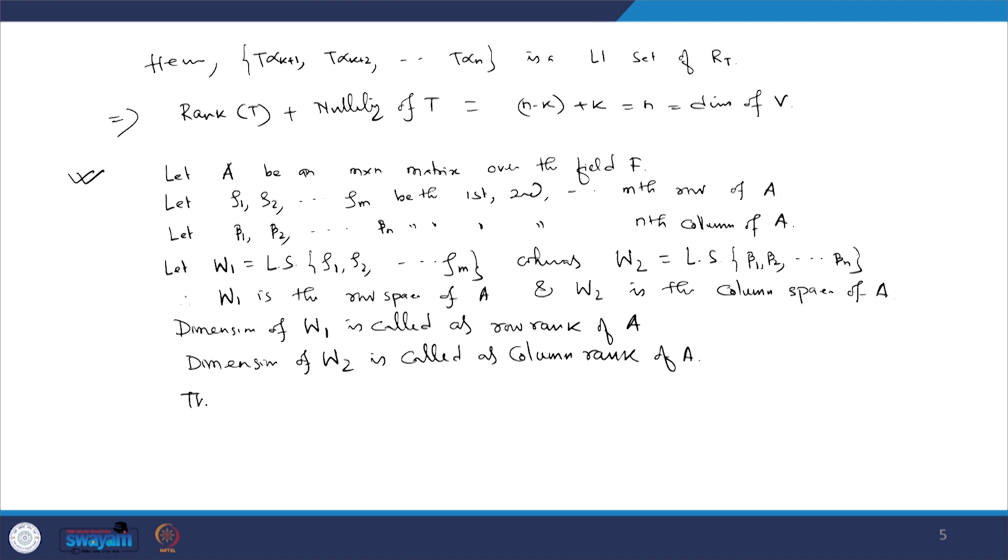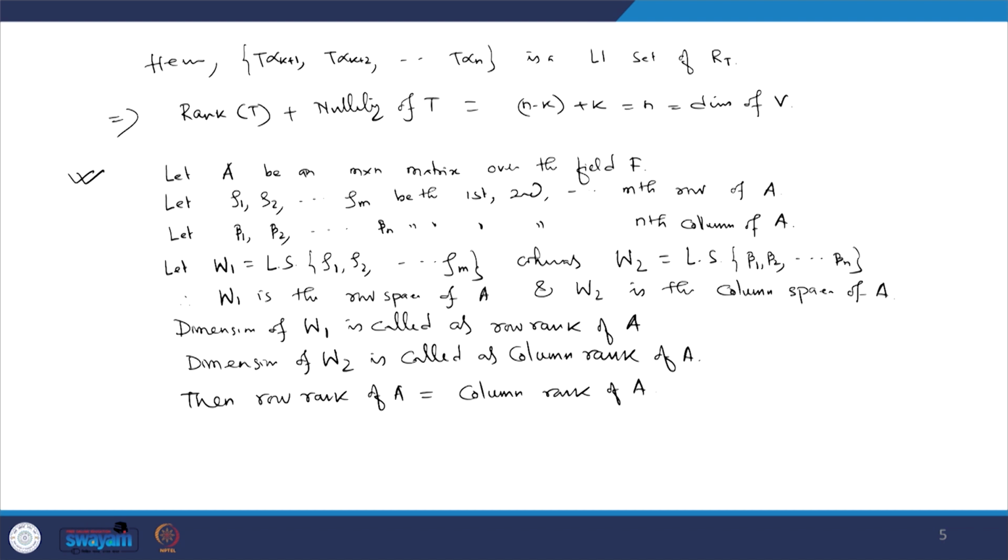Okay. Then row rank of A is equal to column rank of A.